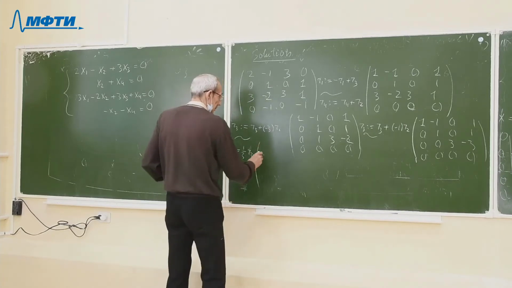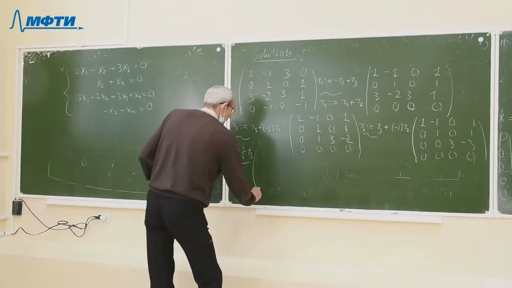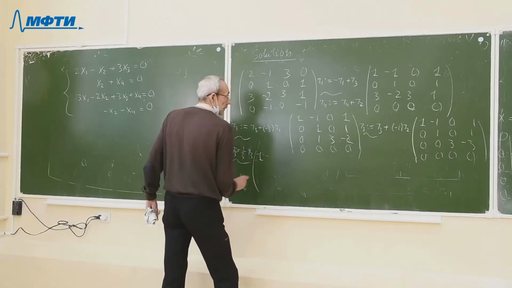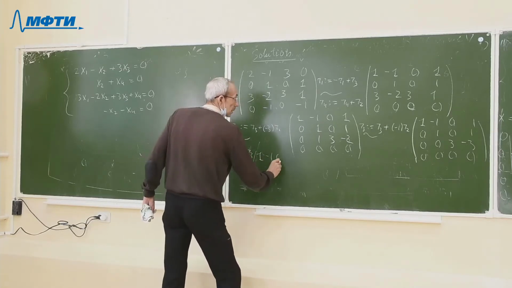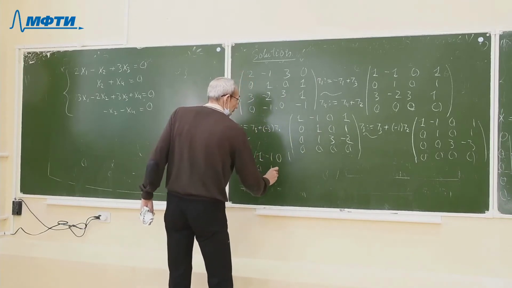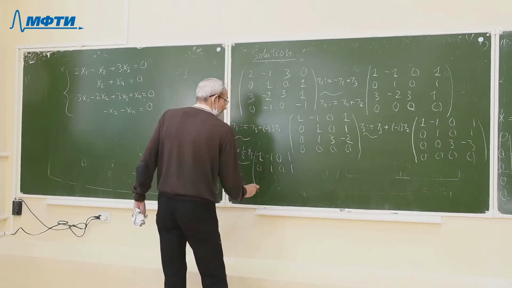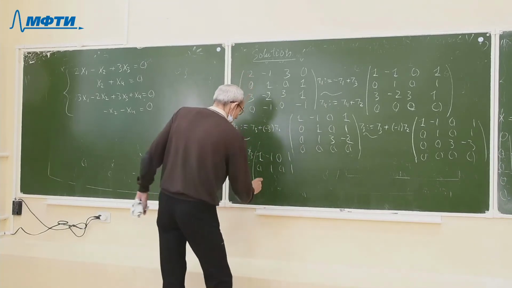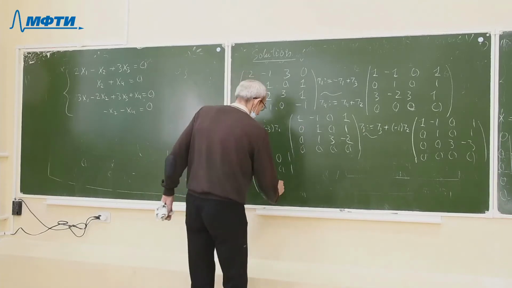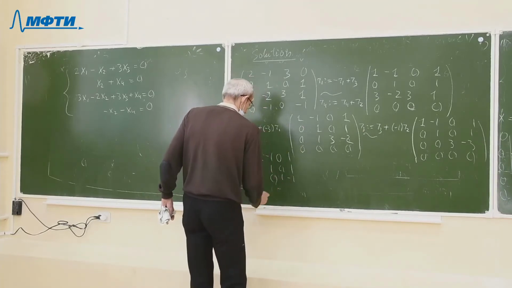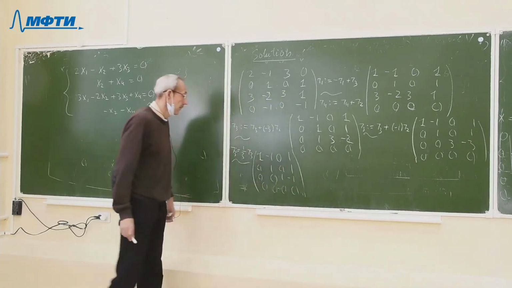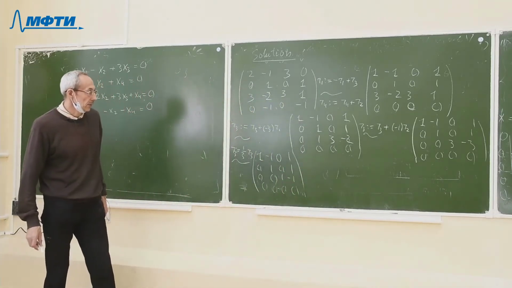We obtain the following matrix. We write the first row, second, and we obtain the following matrix.